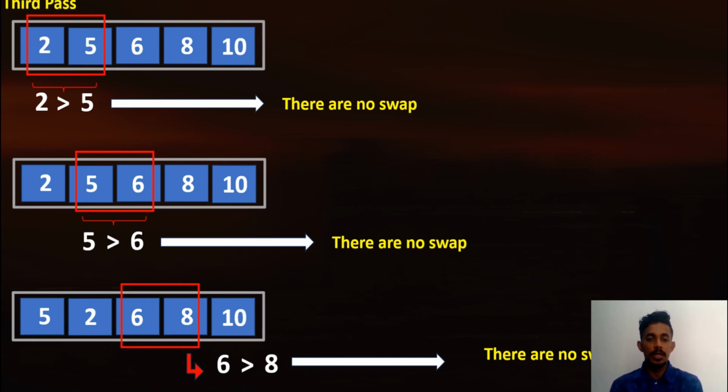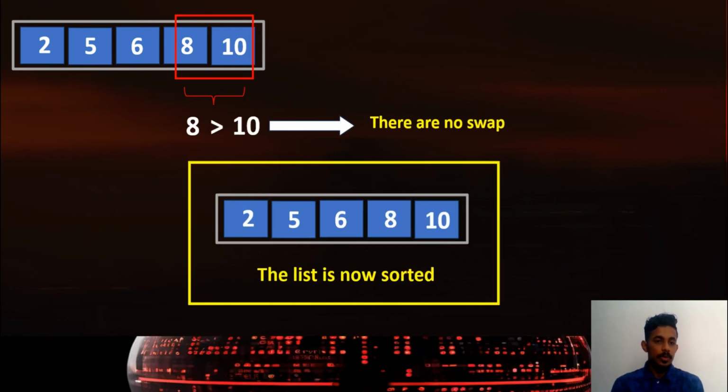You know how no swap works and when you need to swap. So let's move on to the next clip. And finally, the array shows 2, 5, 6, 8, 10. This means the unsorted array is sorted into ascending order. That's how bubble sort works.